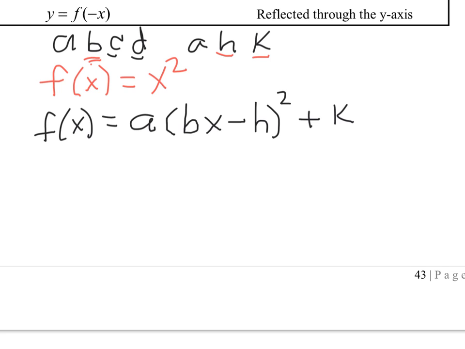So when I'm looking at a transformation, if I'm doing an A or a K transformation, those are vertical transformations. In other words, I am moving my y values up or down depending on what kind of transformation I'm doing. If I am looking at an x value, these values on the inside change the graph horizontally.